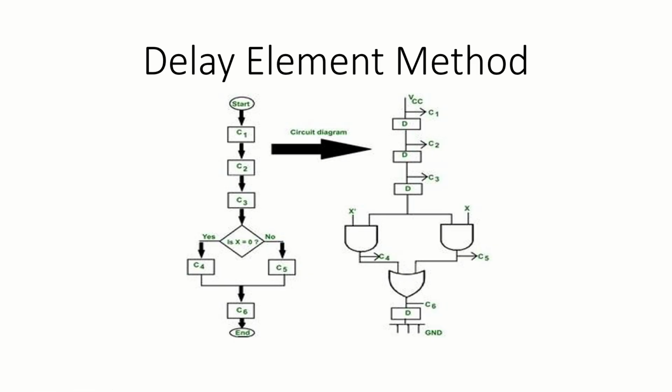Then C2 for storing memory B. Again a delay circuit. Then we have C3. These delay elements generate timing signals. I hope you guys are understanding.